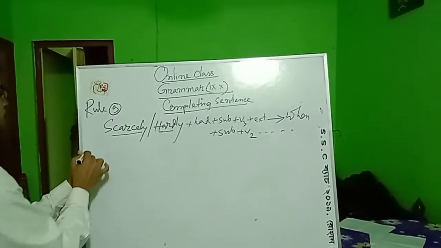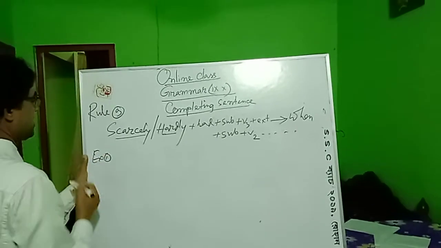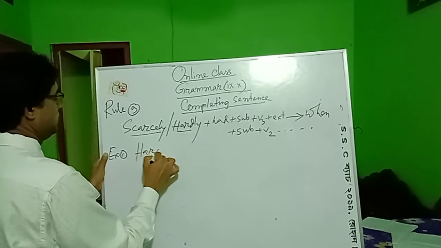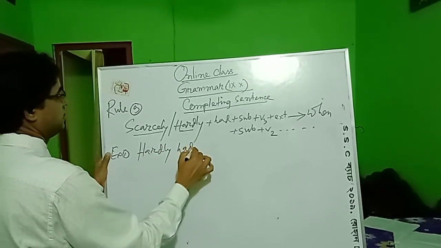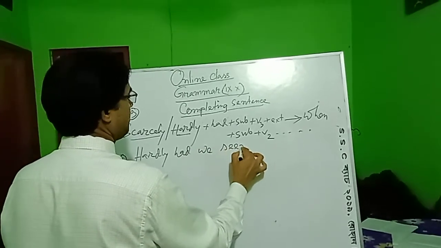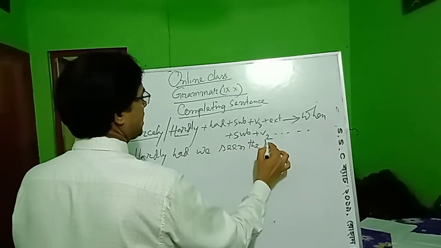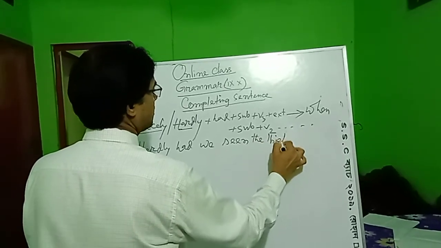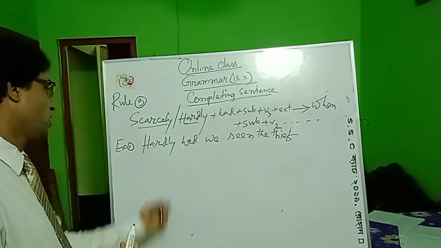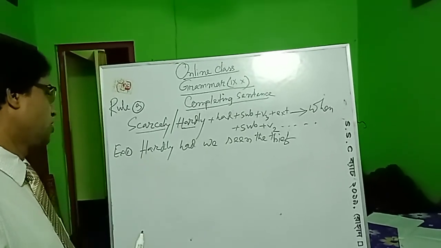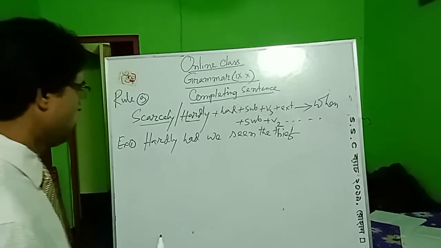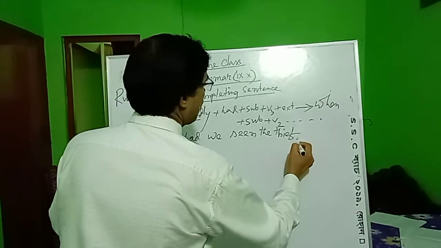Okay, let's see an example. Hardly had we seen the thief. Dear learners, I think you have already thought the Bengali meaning of this part, and you will guess what you will write.